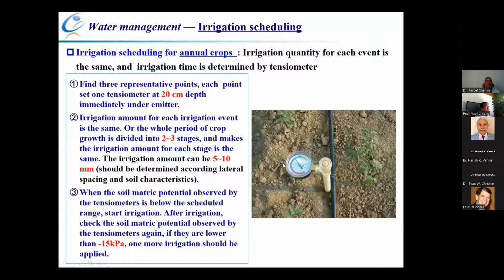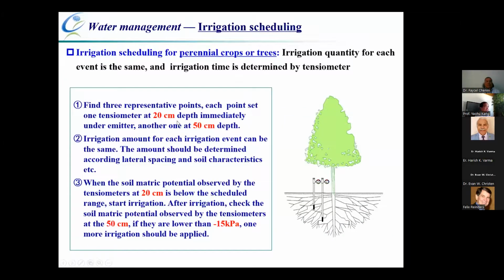For the perennial crops or trees, we suggest setting 2 tensiometers, one at 20 centimeter depth and another at 50 centimeter depth. Also, the irrigation amount for each irrigation event can be the same.